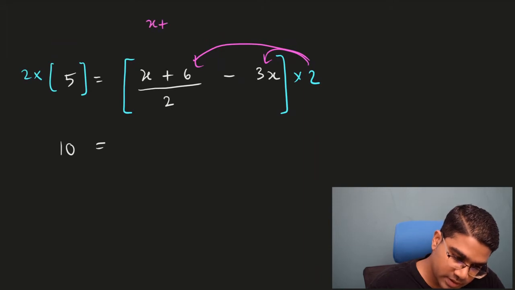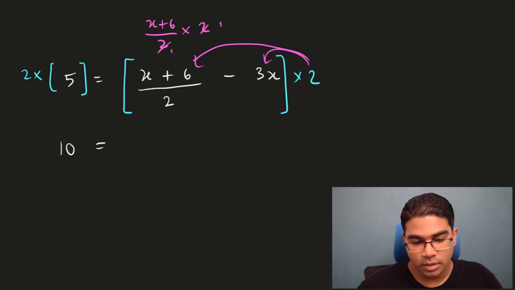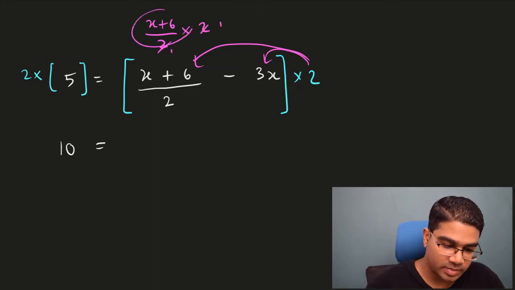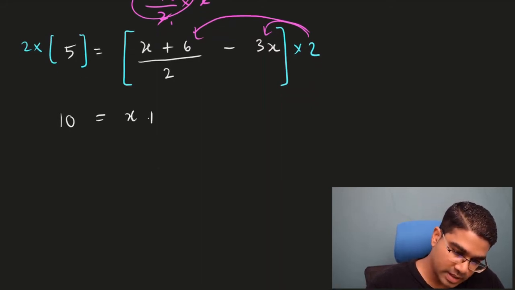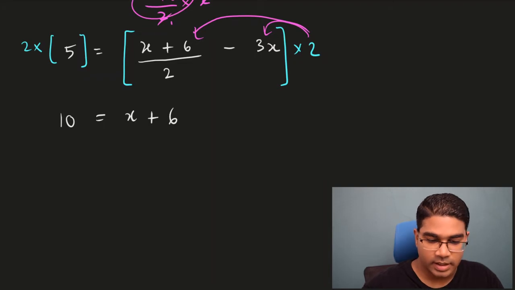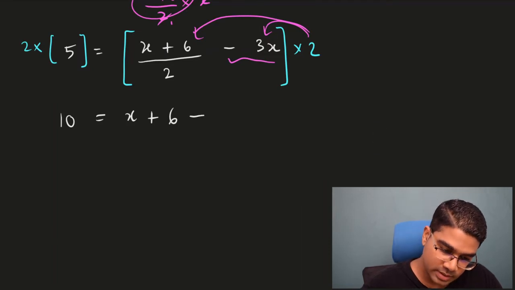So x plus 6 over 2 multiplied by 2. Now 2 and 2 divided to get 1. All we are left with is x plus 6. So here we have x plus 6 and then negative 3x times 2. So we get negative 6x.